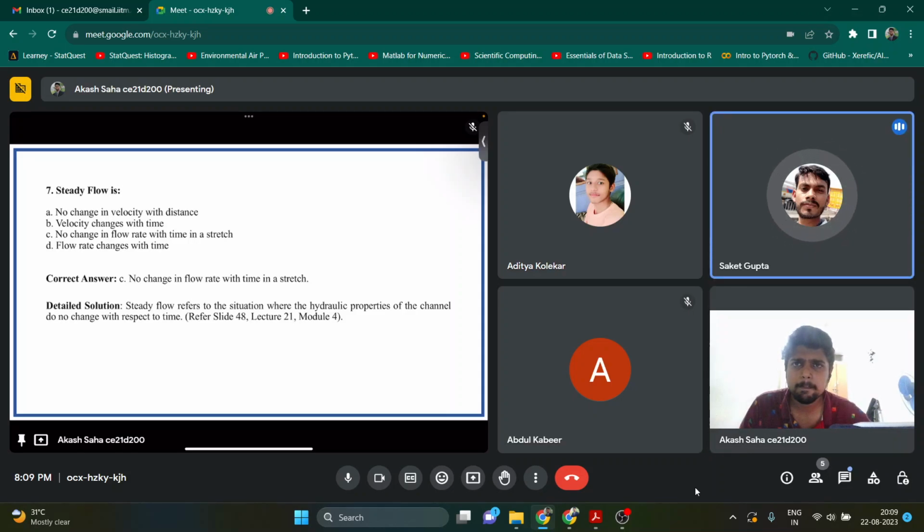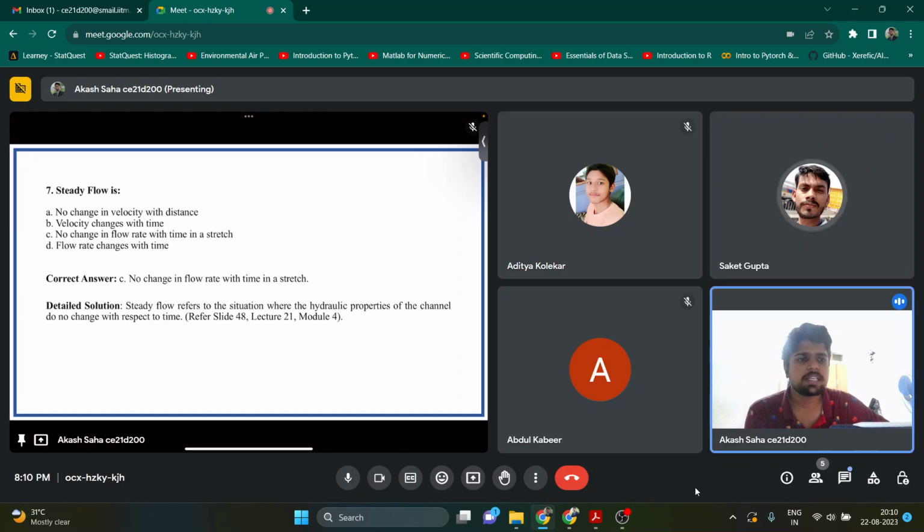Sir, can you explain steady state? See, steady state means suppose we are running a reactor, and we are providing some influent to the reactor and getting some effluent from the reactor. Suppose I am putting in 100 milligram per liter of a contaminant and I am getting some outflow, suppose 10 milligram or 20 milligram or whatever.